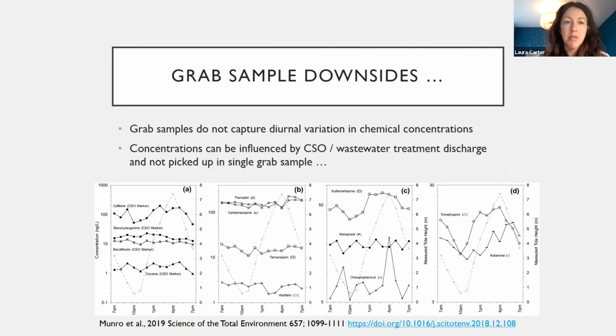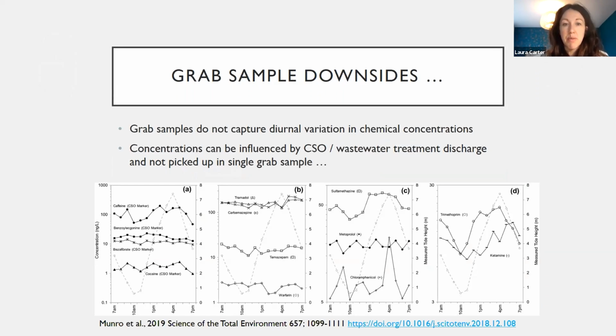And this slide, I think, is really important to highlight how you have to be careful about when you select your time to do your sampling. The grab samples don't capture this diurnal variation in chemical concentrations.